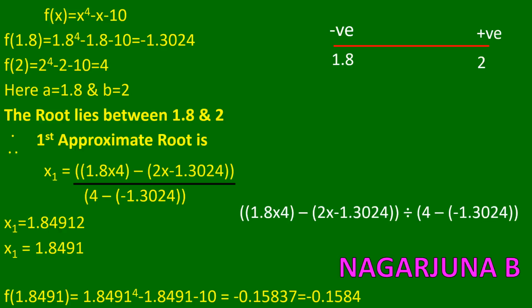Now the root was lying between 1.8 and 2; you have got a new approximation, 1.8491, and f of 1.8491 is negative. Therefore the root lies between 1.8491 and 2.